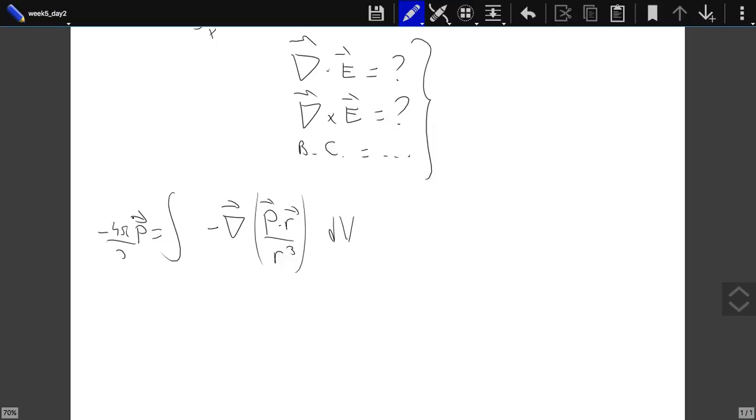If it were a divergence, it would have been nice, right? The divergence of a vector field evaluated over a volume, we could have converted it into a surface integral.